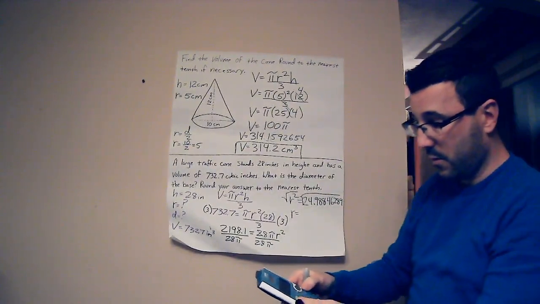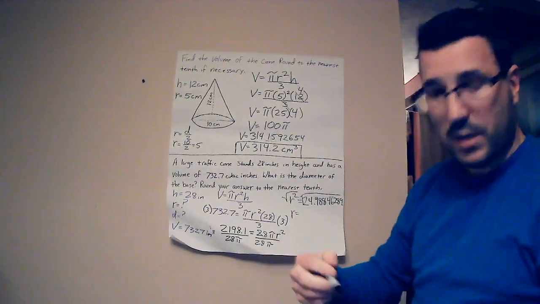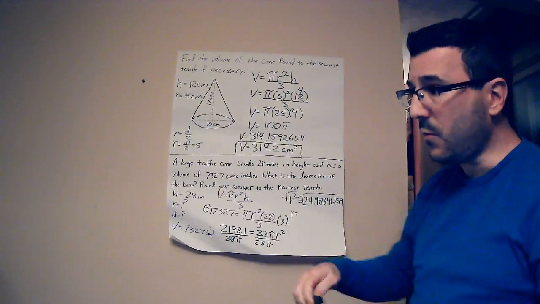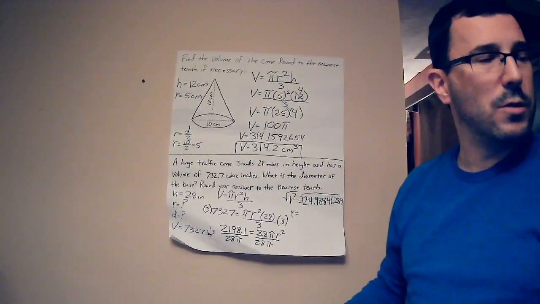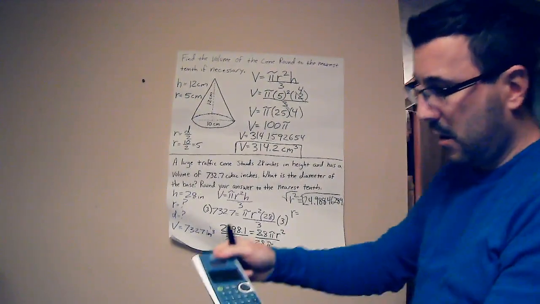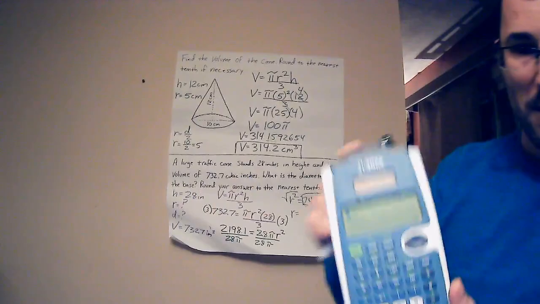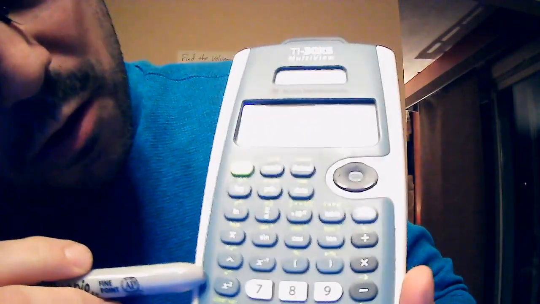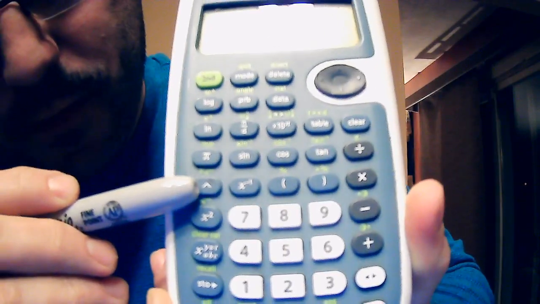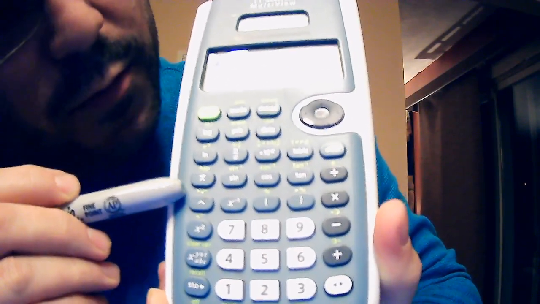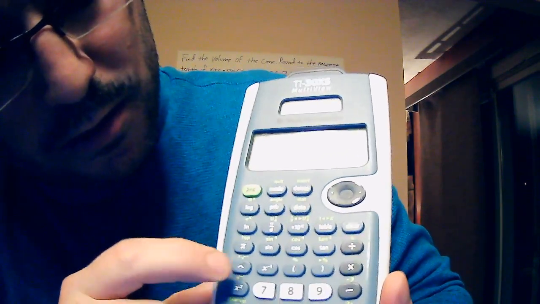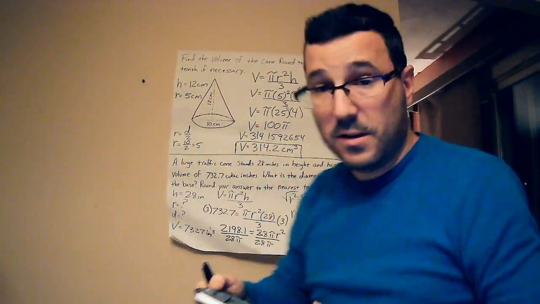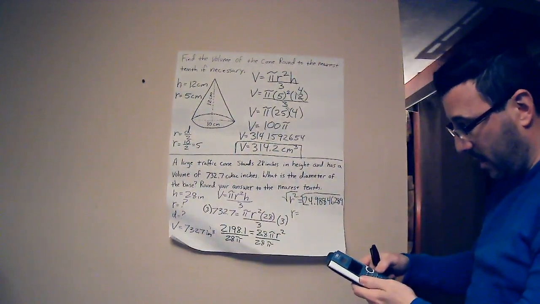Most calculators have this, especially a TI-30X. If you look over the x squared key, you see that there's a square root symbol. So I have to hit second and square root in order to find the square root.